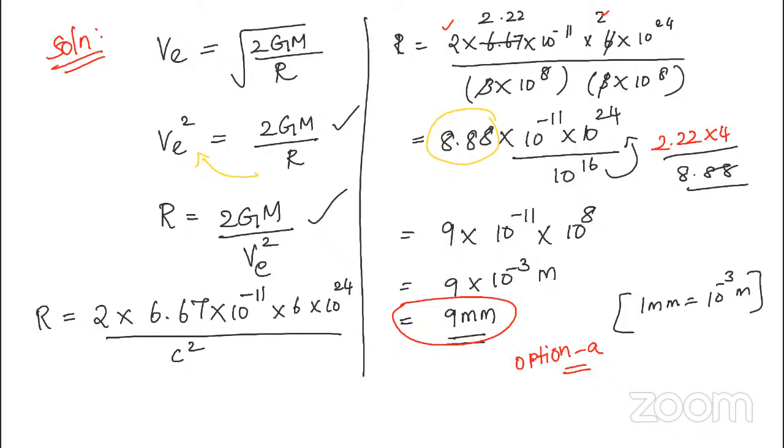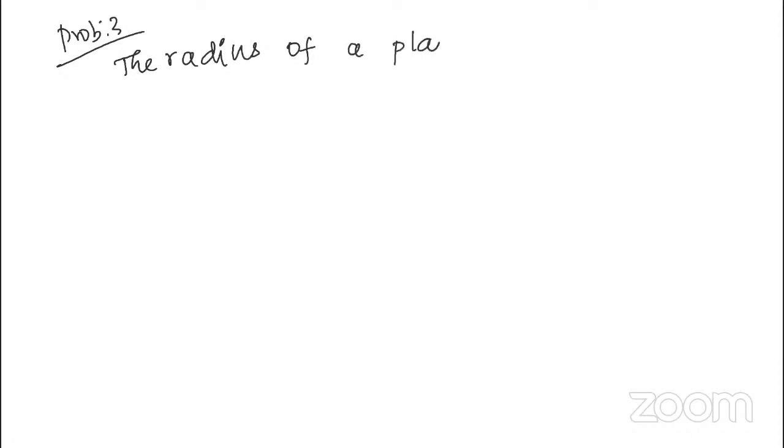Next, we can go for problem number 3. The radius of a planet is twice the radius of Earth.